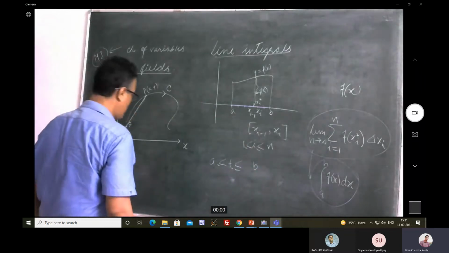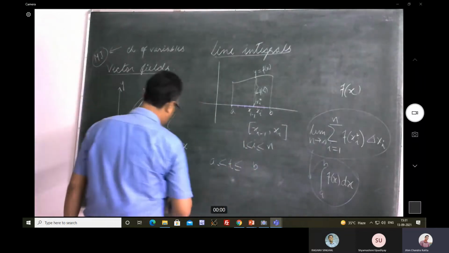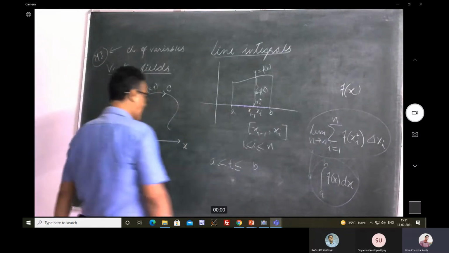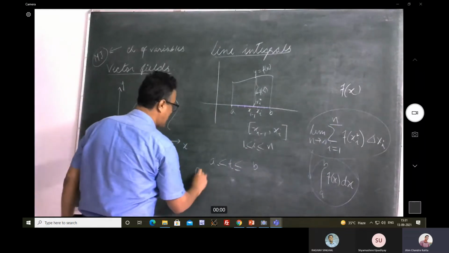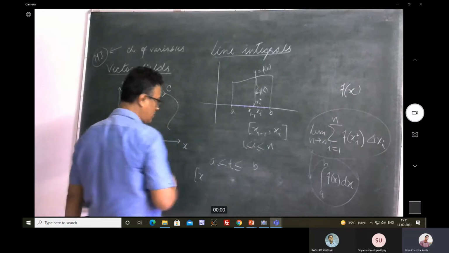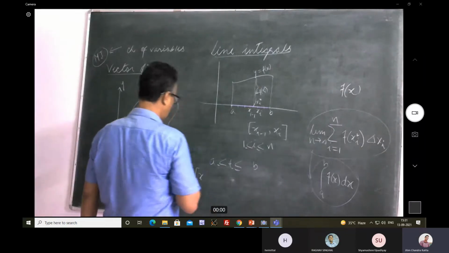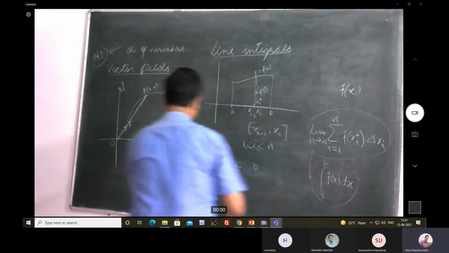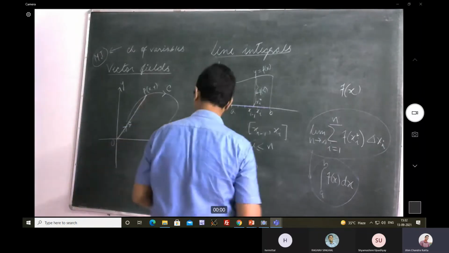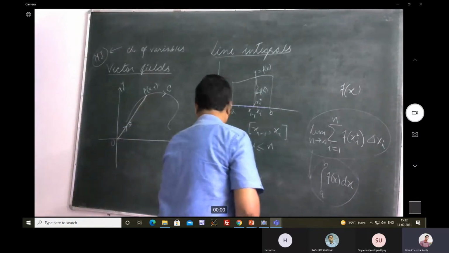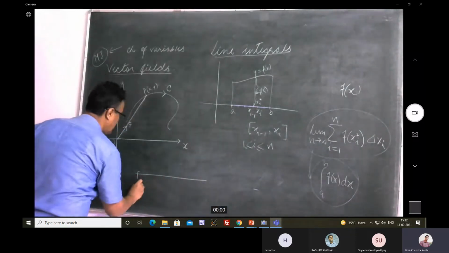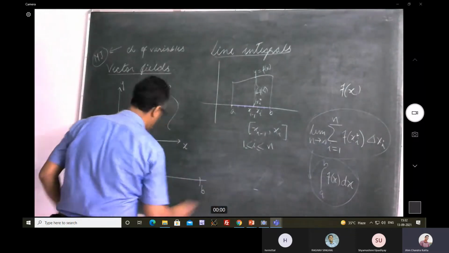I am going to divide this interval [a, b] into sub-intervals, as I have told you. So this is a, this is b.